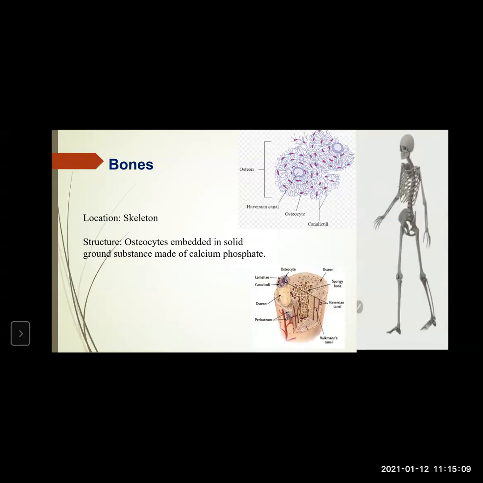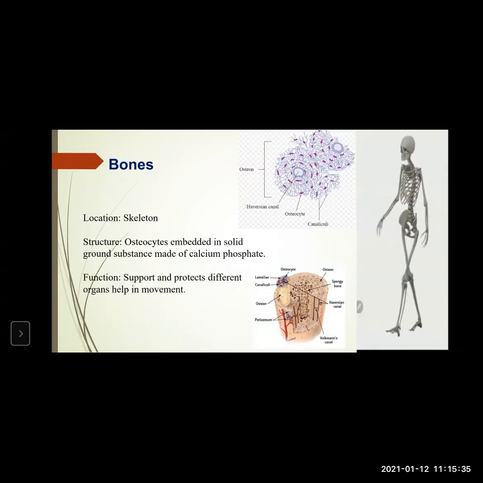It is made up of specialized cells known as osteocytes, embedded within the matrix made up of calcium phosphate. Hence, if there is a deficiency of calcium phosphate in our body, the bones might become brittle and break.